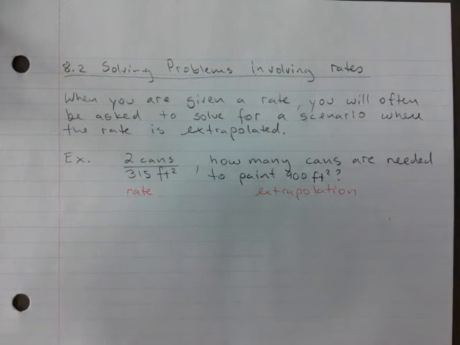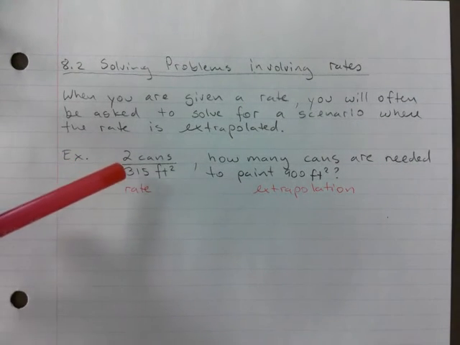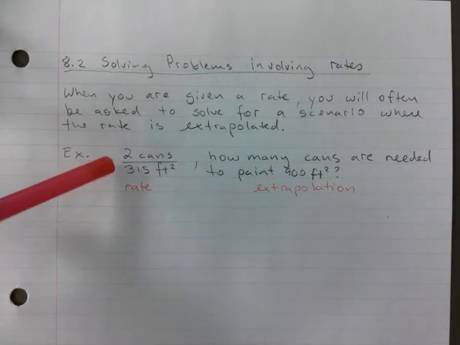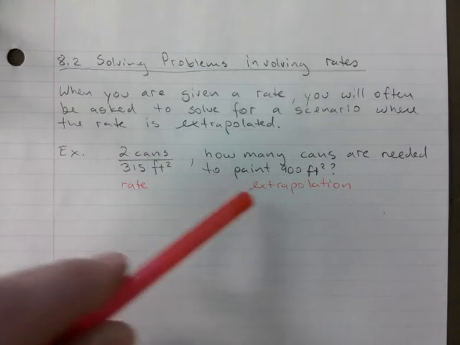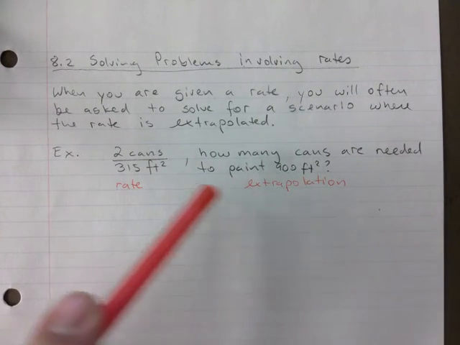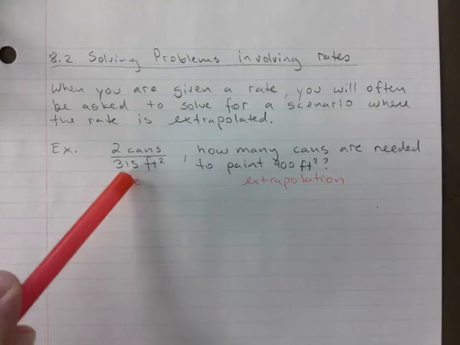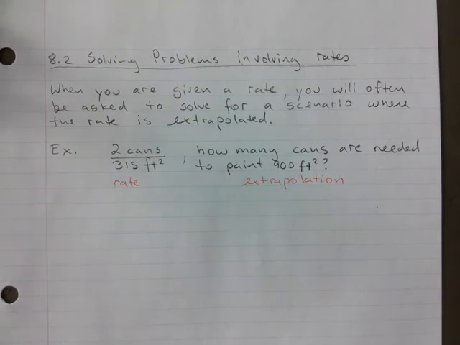Stop using those fancy words, Mr. Durson. Well, it's just a rate, and this is a scenario. If one of these is true, what would be true about the other item in this list, right? Because there's two different units that are compared, and you're given one of them, which is square footage. It's in the bottom here. So what would the top have to be for that rate to stay true, right?